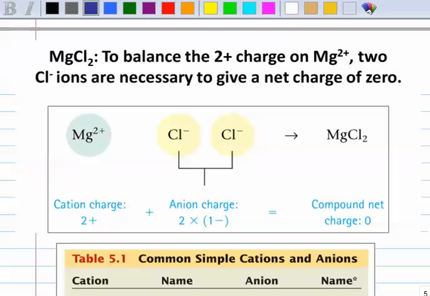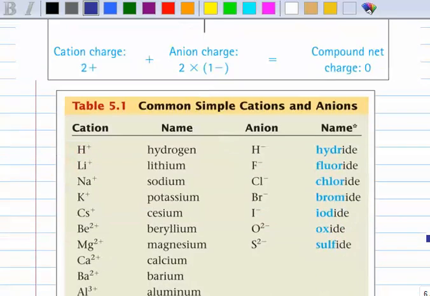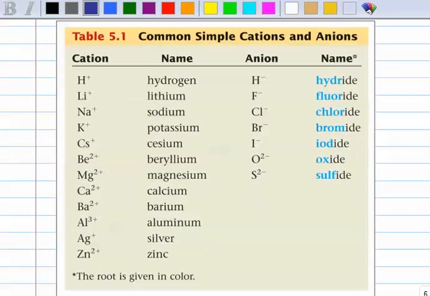The resulting ionic compound will have a net neutral charge. So here's a table of our common ions. We have cations over here on the left. We have our common anions on the right, and again notice the anions always have the -ide ending, whereas the cations, we simply name the ion by the parent element.